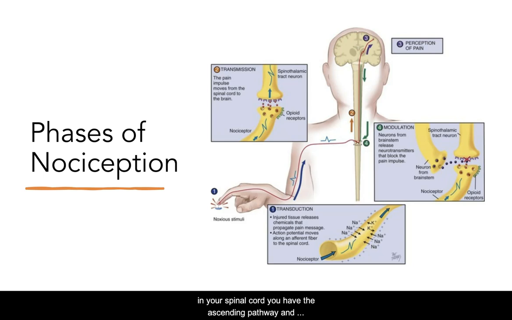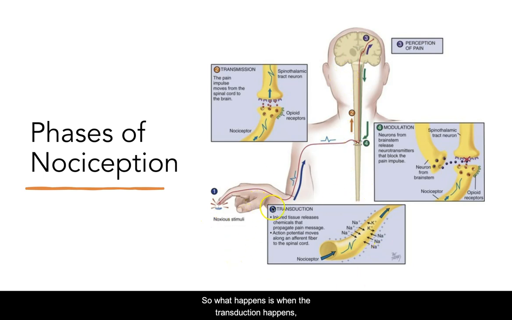In your spinal cord, you have the ascending pathway and the descending pathway. The ascending pathway goes up your spinal cord to your brain, and the descending pathway goes from the brain down to your periphery, down from the spinal cord, right?